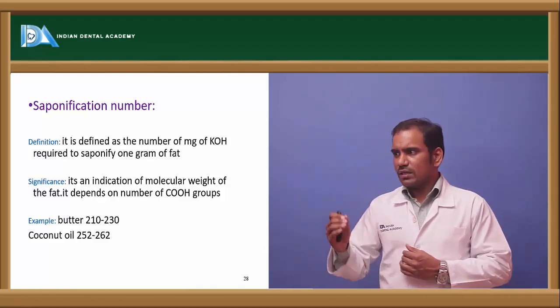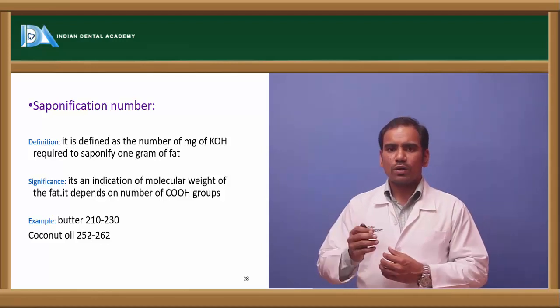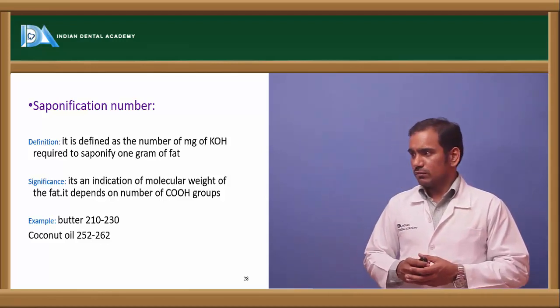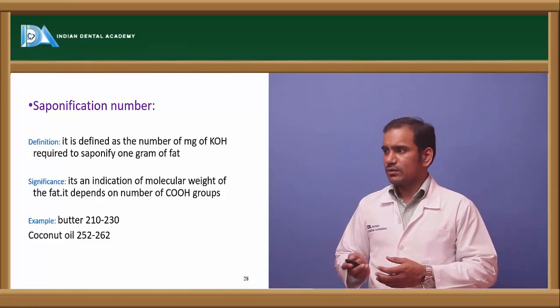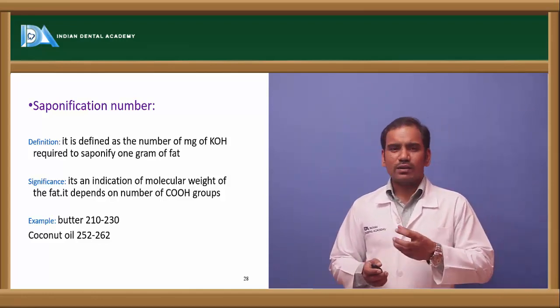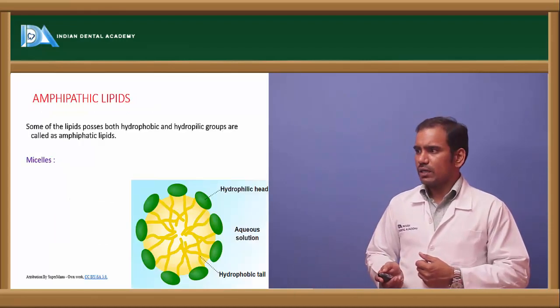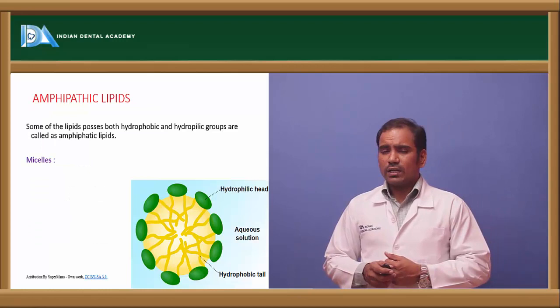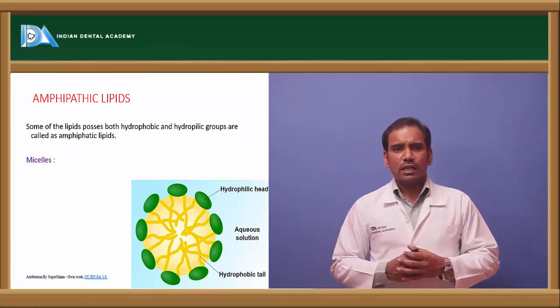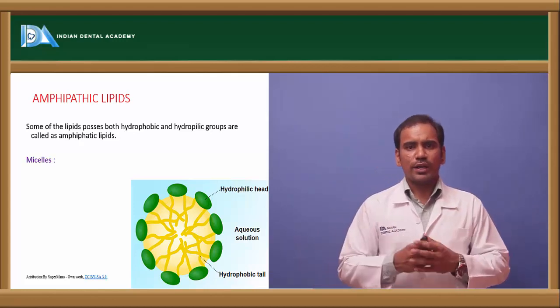So whenever this saponification number increases, that indicates that there is a greater amount of short chain fatty acids. So these are the two tests used for the identification of adulteration in a given fat: iodine number and saponification number.